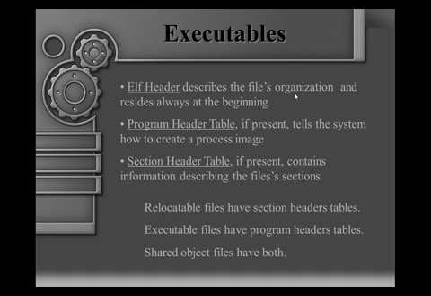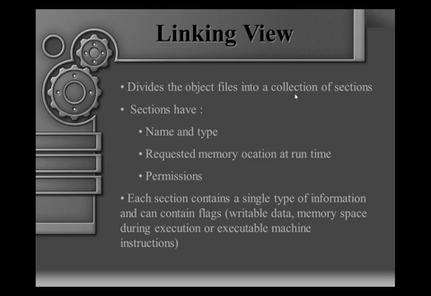Relocatable files have section header tables. Executable files have program header tables. There is a difference between relocatable files and executable files. Shared object files have both tables, a section header table and a program header table.